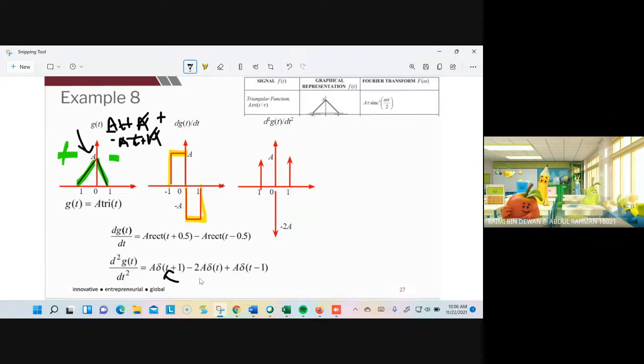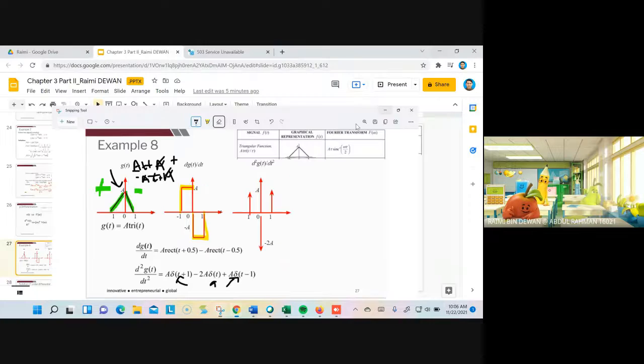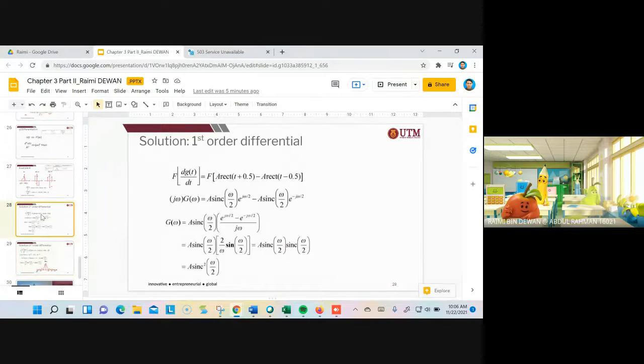You can see here, they explain. A rectangular minus a rectangular is negative 0.5.